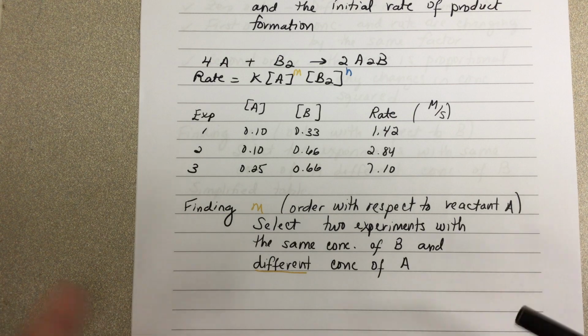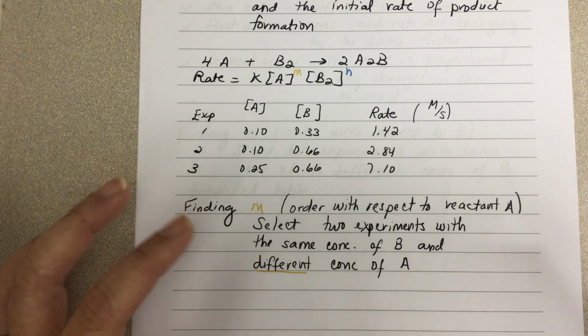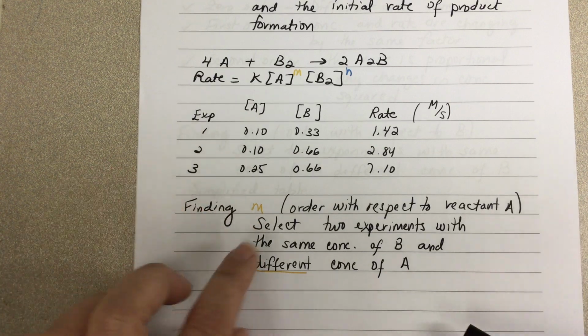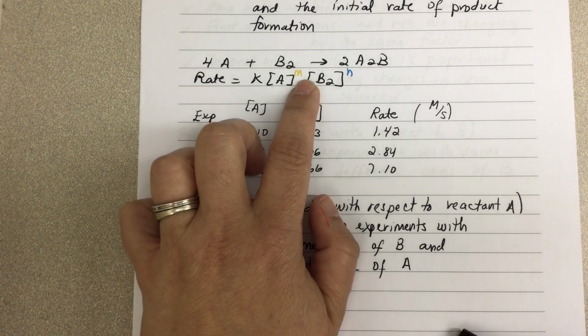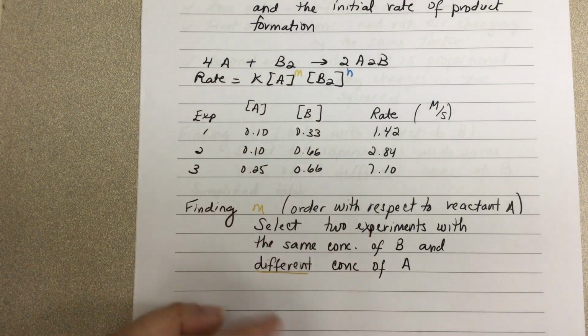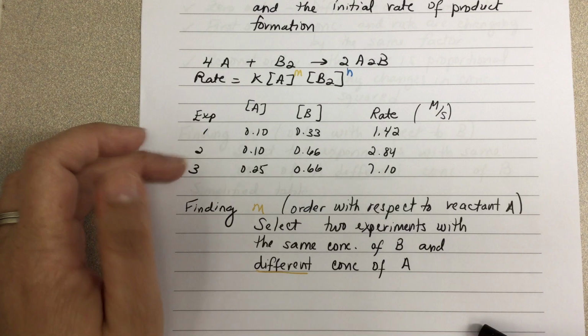So this always works in the same way. If you're trying to find out the order for reactant A, which is the letter M that I'm using here, you need to look at your experiments.